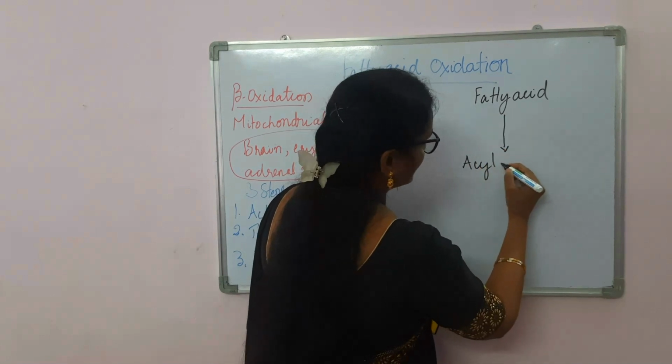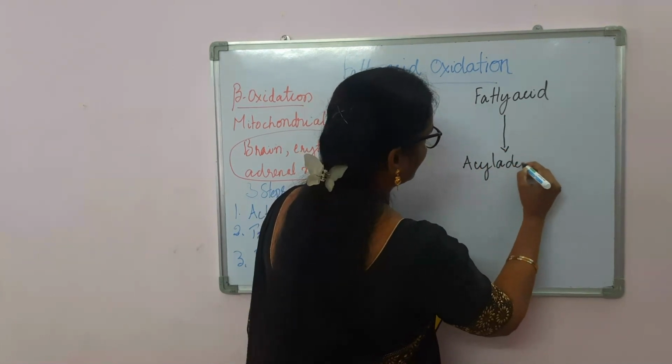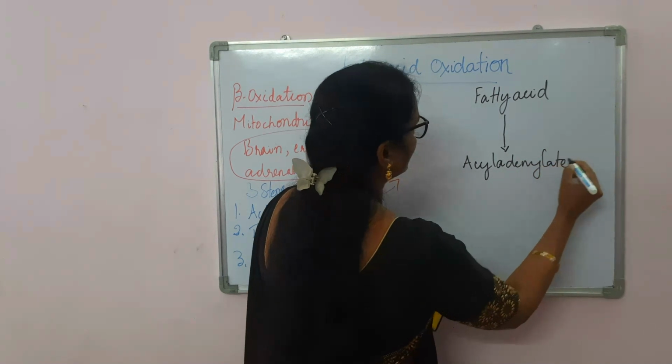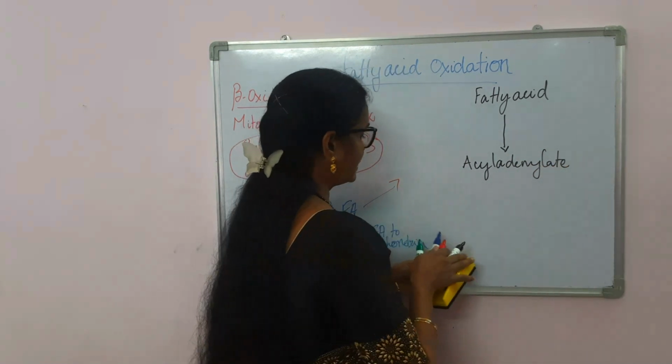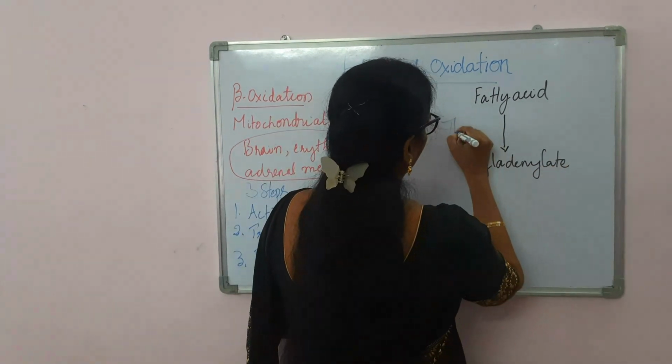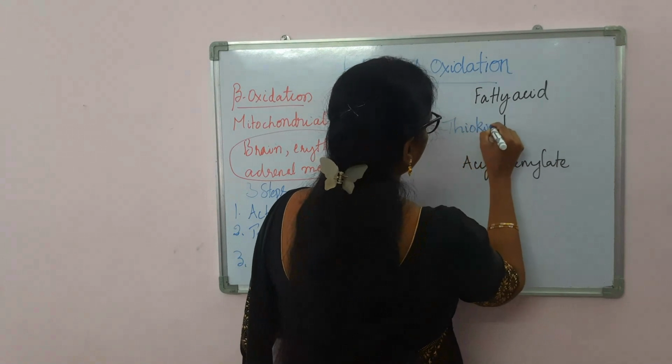Fatty acid gets converted to acyl adenylate with the help of thiokinases. These two steps take place.